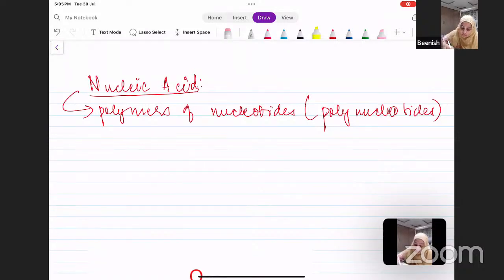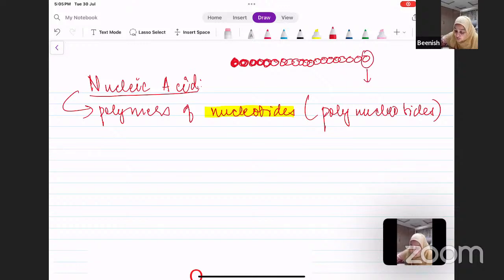So here the building block of nucleic acid is your nucleotides. It's something like this: one nucleotide, another nucleotide, another, another, and you end up with nucleic acid. These individual monomeric units are known as nucleotides.